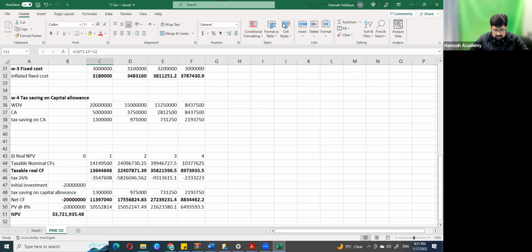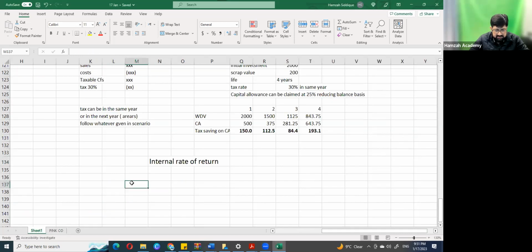Yes. So the internal rate of return is basically the effective annual return from the project considering time value of money.